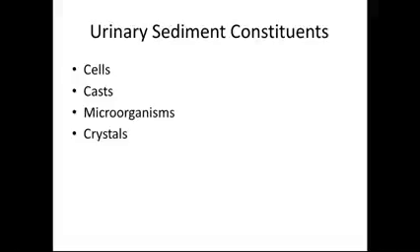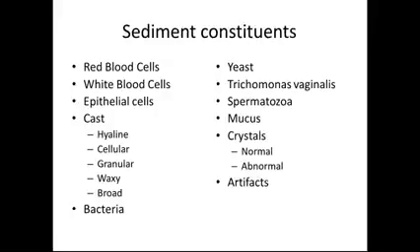Some things that we will find in the urine sediment are cells, casts, microorganisms, and crystals. Sediment constitutes our red blood cells and white blood cells, which are typically abnormal in the urine sediment, epithelial cells, which can be normal.